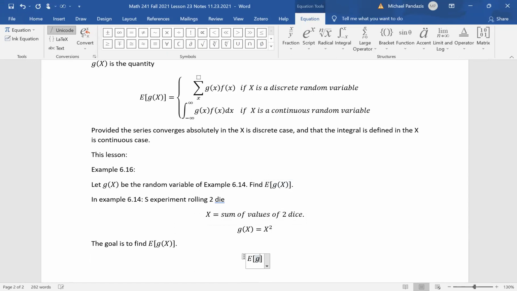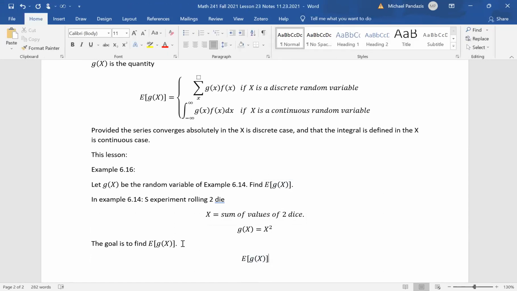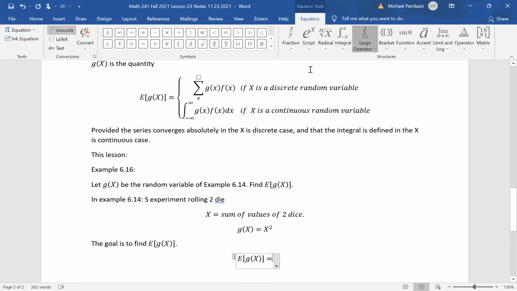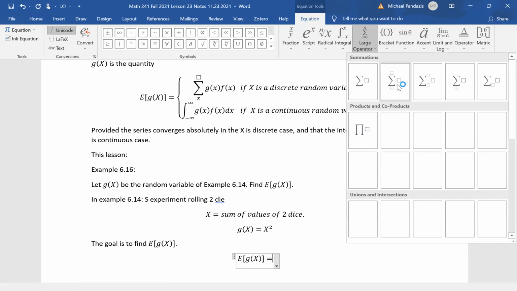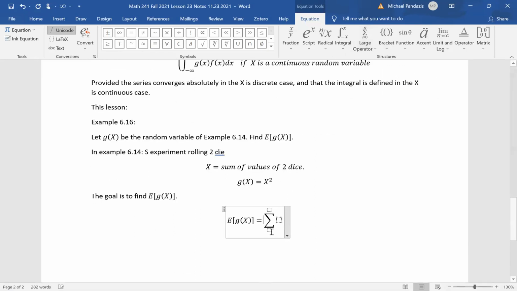So E of g of x is equal to the sum over all possible values of x of g of x f of x.